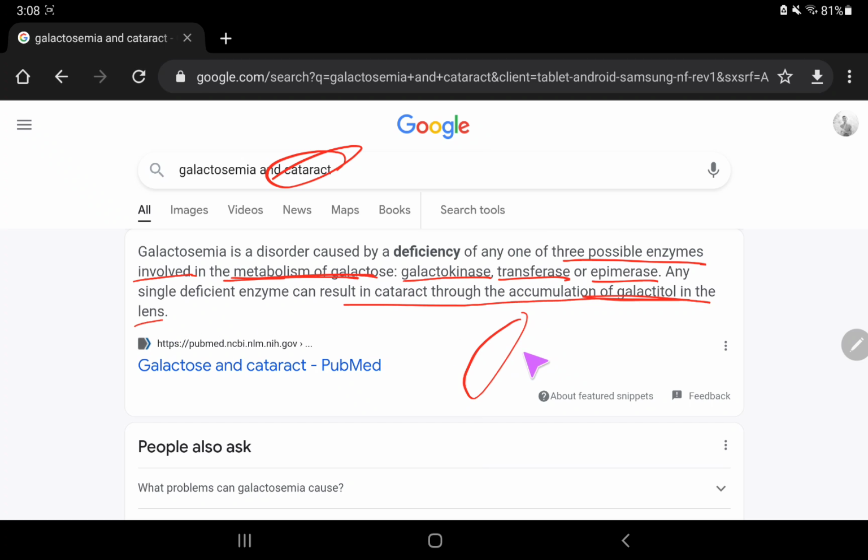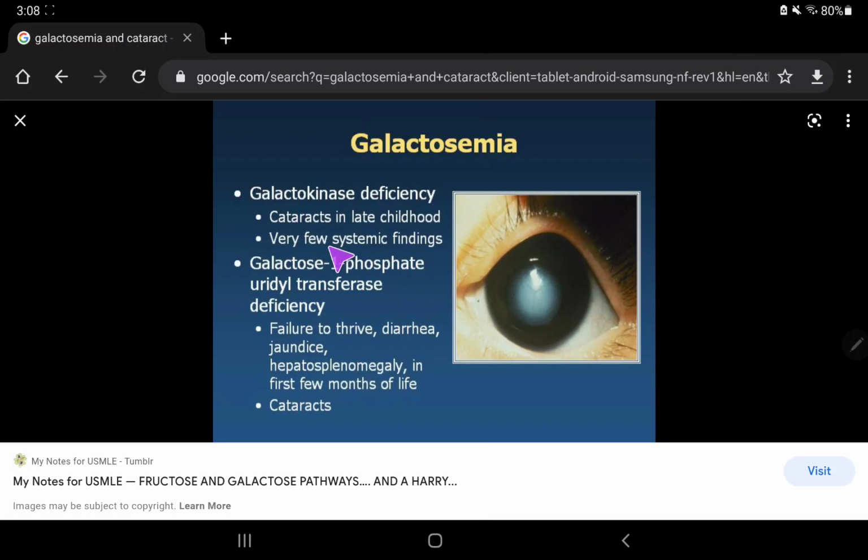Due to this biochemical impairment, all the galactitol deposits and accumulates in the lens, and eventually produces cataract.